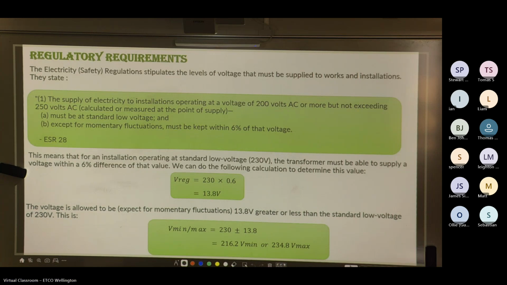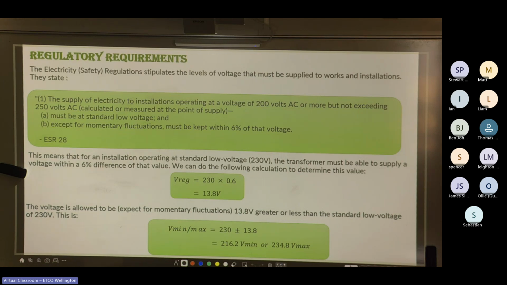They state, ESR 28.1: the supply of electricity to installations operating at a voltage of 200 volts AC or more, but not exceeding 250 volts AC, calculated or measured at the point of supply, must be at standard low voltage and, except for momentary fluctuations, must be kept within 6% of that voltage. This means that for an installation operating at standard low voltage, 230 volts, the transformer must be able to supply a voltage within 6% difference of that value.